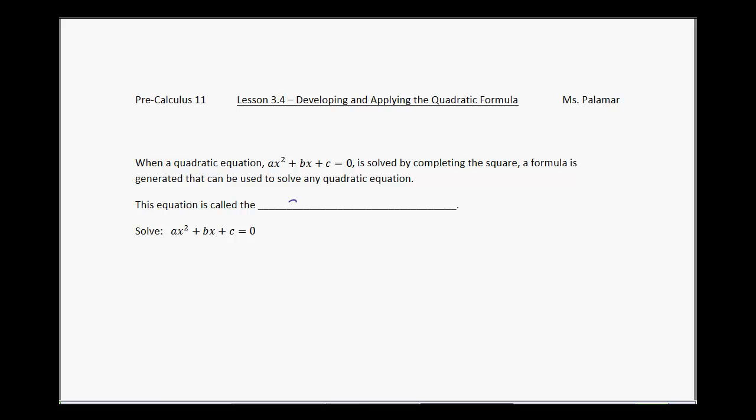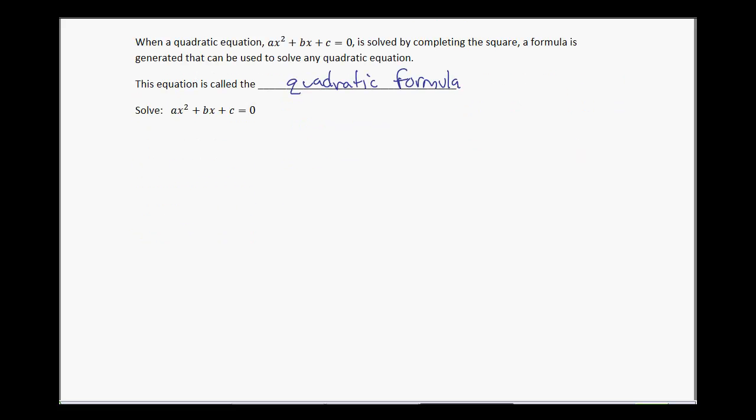This equation is called the quadratic formula. We are going to do exactly as it says there and solve the equation by completing the square. First we have to get rid of the a coefficient attached to the x squared, so we need to divide by a, and we get x squared plus b divided by a x plus c divided by a equals 0.